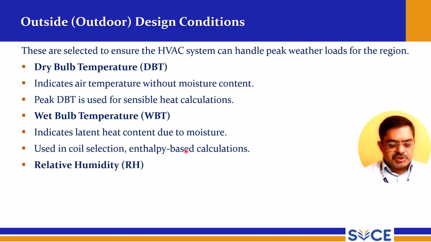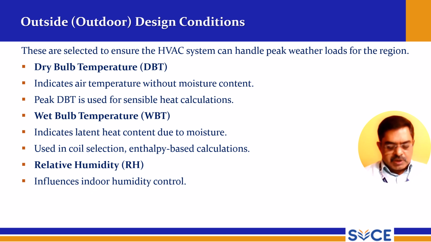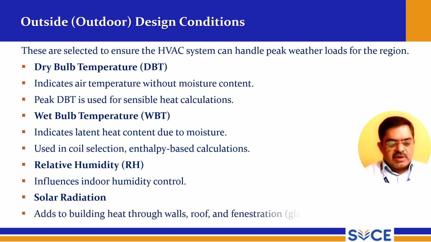RH, relative humidity, influences indoor humidity control. Solar radiation is actually the biggest cause, and adds to the building's heat through walls, roof, and fenestration. Fenestration is possible through glass windows, or even wooden windows.